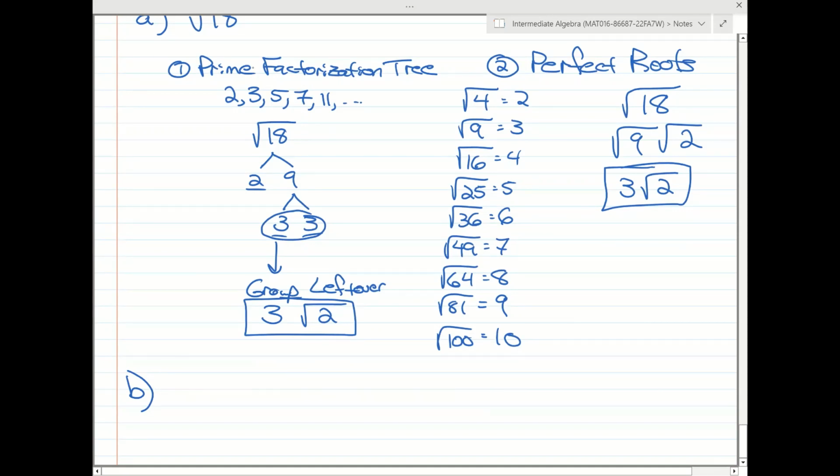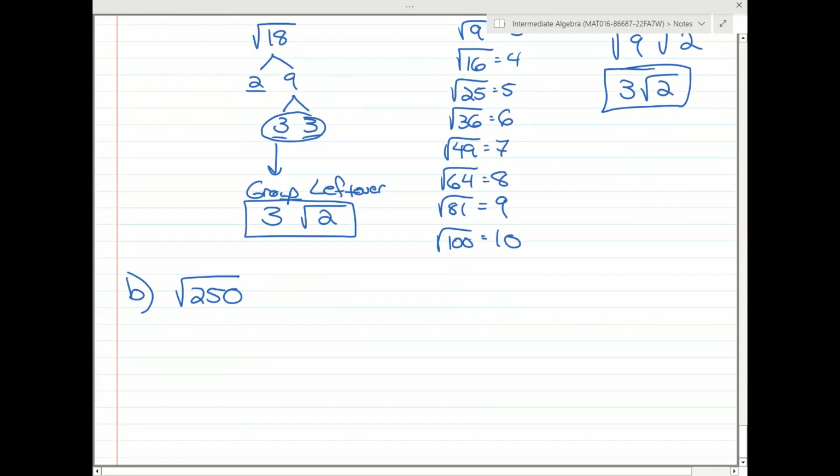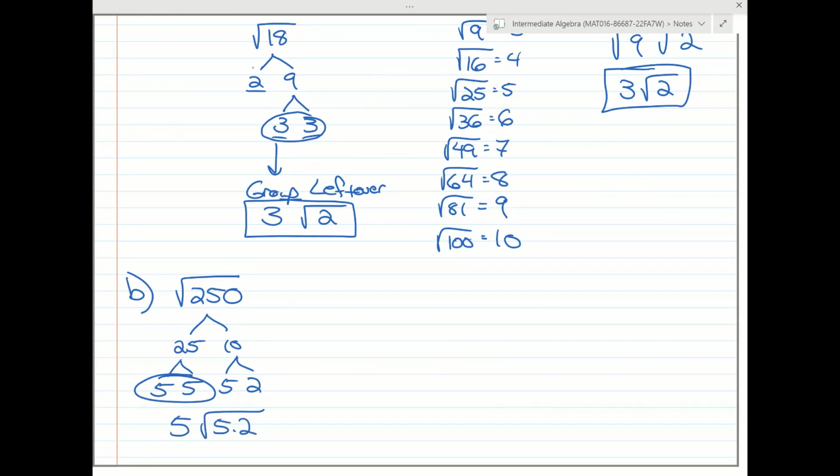All right, let's try the square root of 250. Now we could do prime factorization. It's 25 and 10, 25 is 5 and 5, 10 is 5 and 2. We have a group of 5s, and then there's a 5 and a 2 left over.